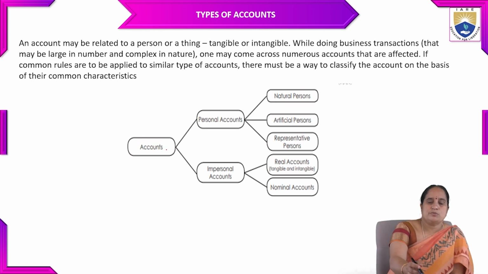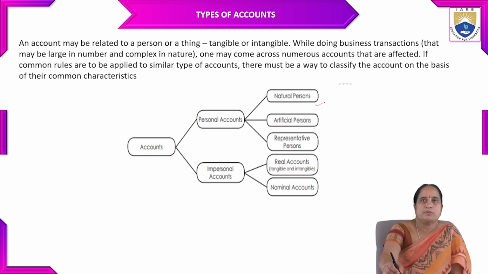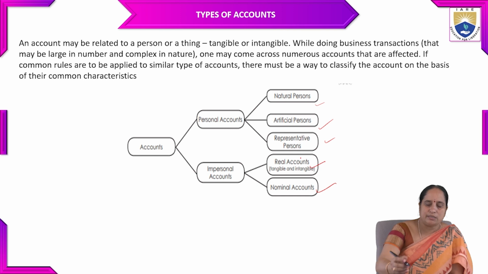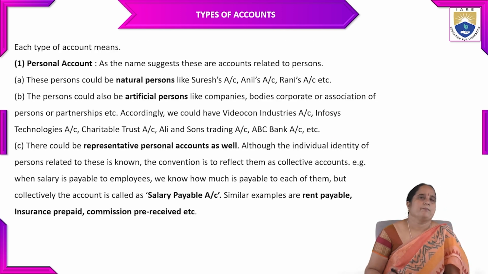So basically we divide them into two types, personal accounts and impersonal accounts. Personal accounts are further divided into three types: natural persons, artificial persons, and representative persons. Impersonal accounts are further divided into real accounts and nominal accounts. Real accounts are further classified into tangible real accounts and intangible real accounts.